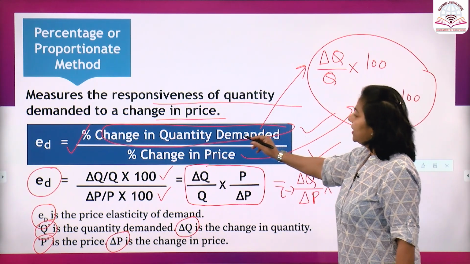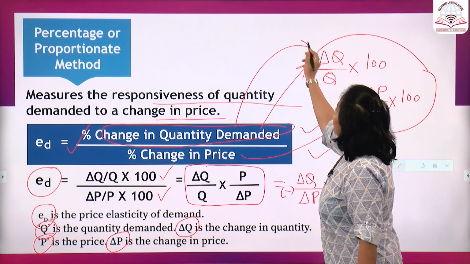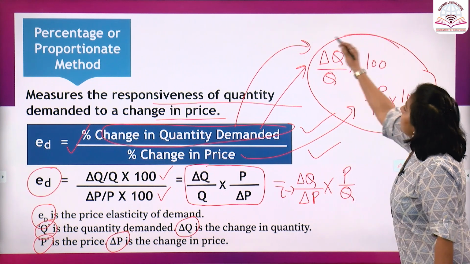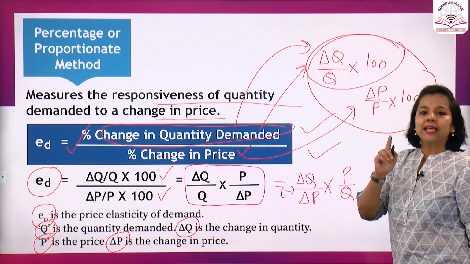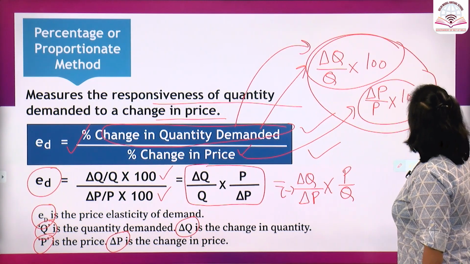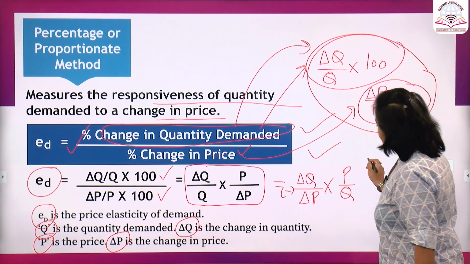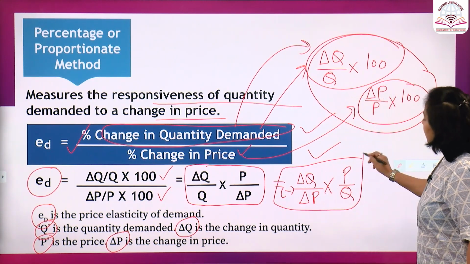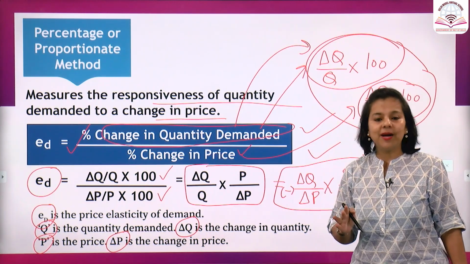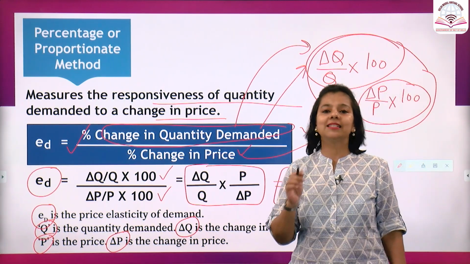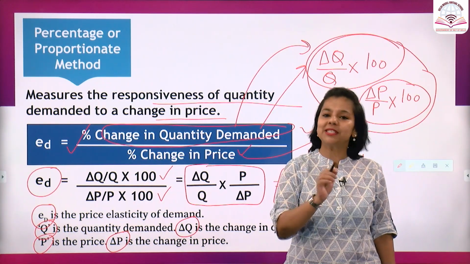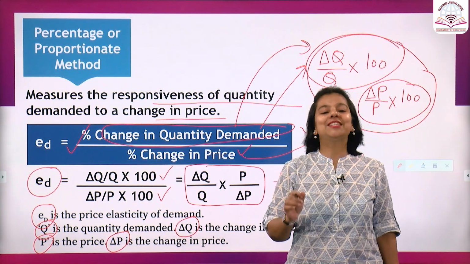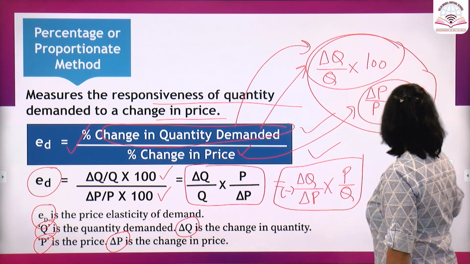And percentage change in quantity demanded can be calculated using this formula, and percentage change in price can be calculated using this formula, and the last is this one. These four formulas will help us in solving the numericals related to price elasticity of demand using percentage method. Now, let's solve some numericals.